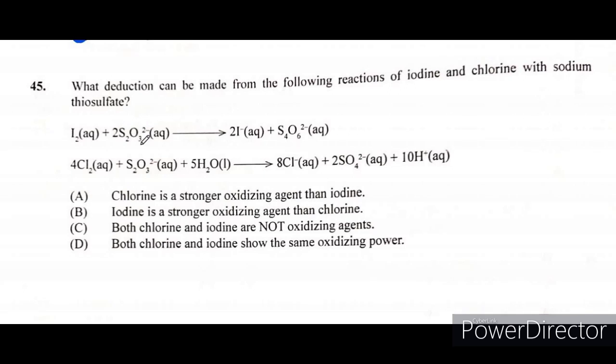Sulfur in this equation has an oxidation number of, let's see, 2S plus minus 2 times 3 is equal to minus 2.